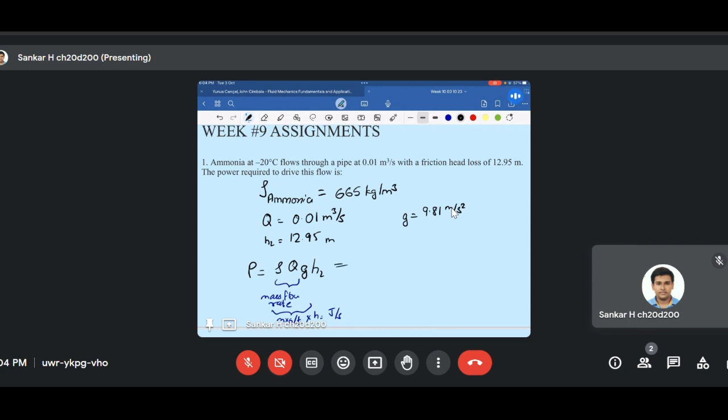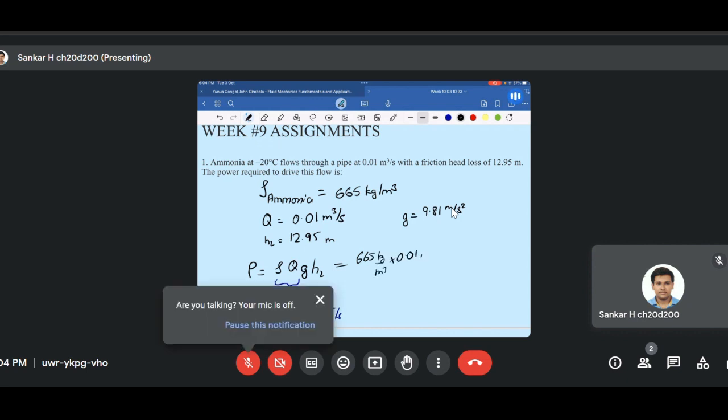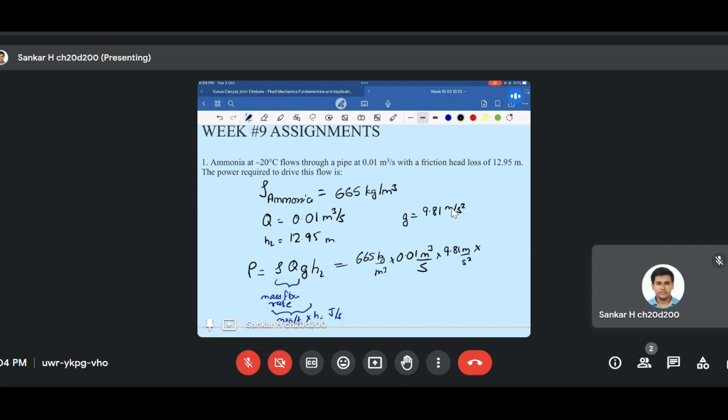So the density of ammonia, 665 kilogram per meter cube, times 0.01 meter cube per second, times 9.81 meter per second square, times the head loss, which is 12.95 meters.